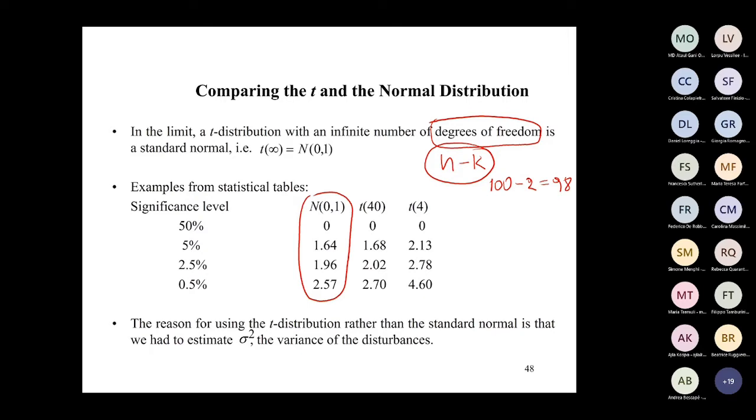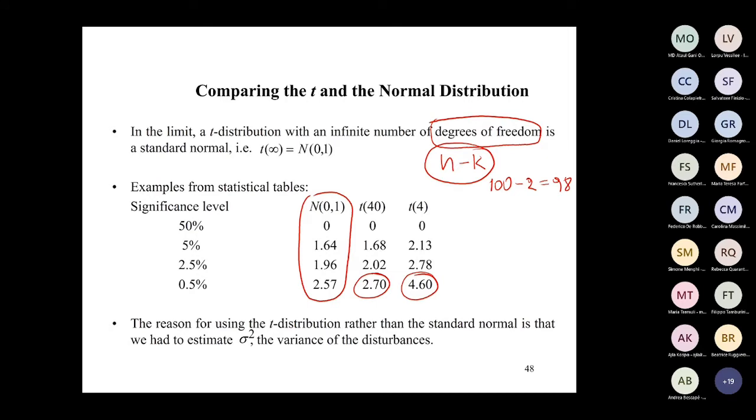The critical values of the t distribution depend on the degrees of freedom. Usually the t distribution has, in absolute terms, higher critical values than the normal. You can see, for example, 2.70 is greater than 2.75, 4.6 is greater than 2.75.